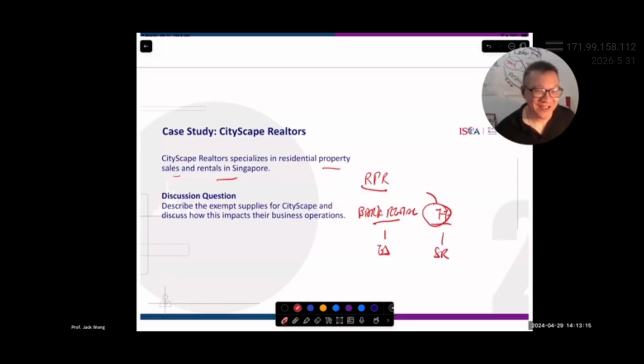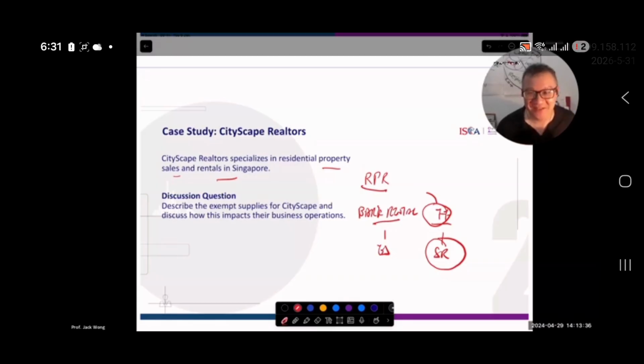So take note, not all rental of residential property is exempt supply. It's just the bare rent or bare rental that is exempt supply. If the rental of the residential property comes with furniture and fittings, that part is actually subject to standard rated supply. So be careful with this fine line.